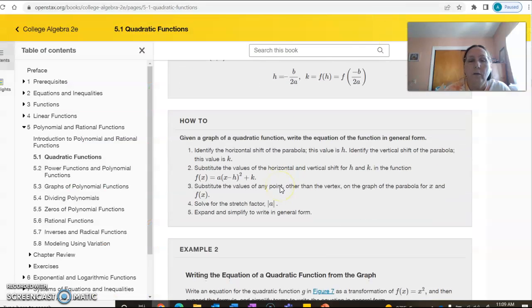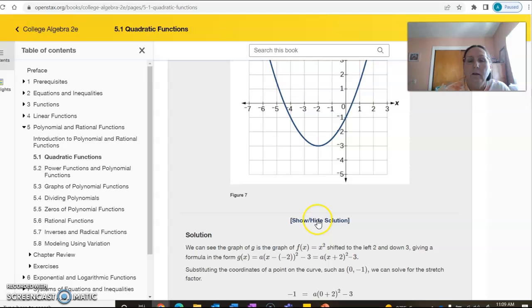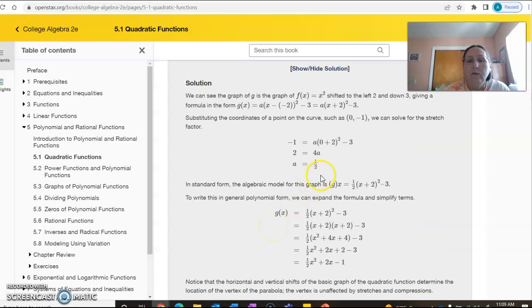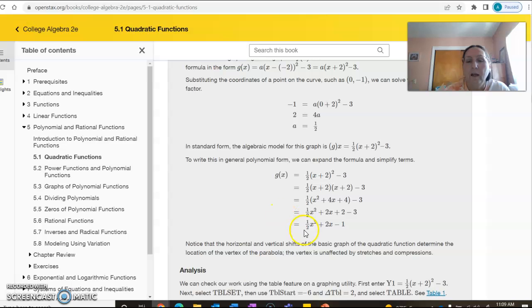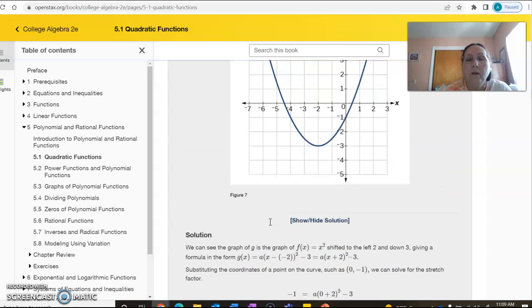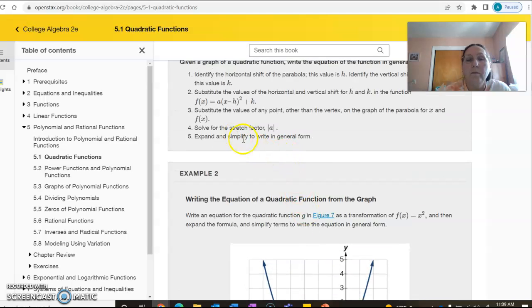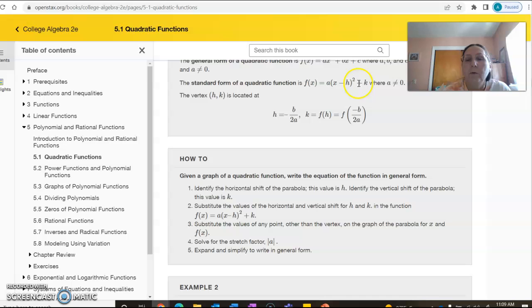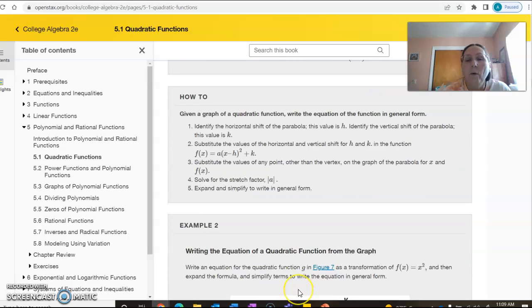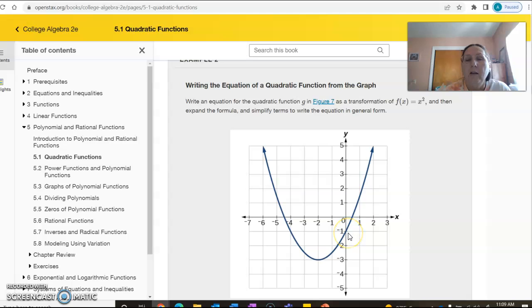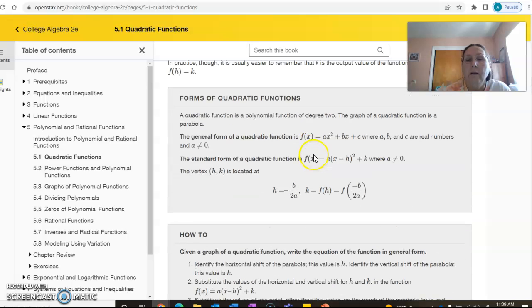So let's go back here, and we used that graph. So they showed you right here how we did this. The steps that we took were, we found our vertex, we put it into our standard form. Okay, remember standard form right here. Then we used the point that we had on the graph so that we can solve for A. We solved for A, then we wrote it out in this format, and then we went back and looked at our problem to see what form they wanted it in.